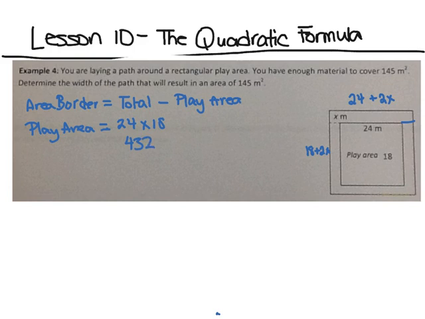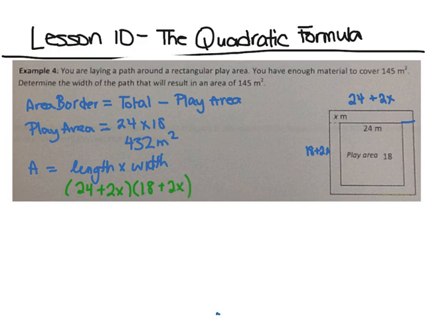So the middle is 432 meters squared. Now to find the outside play area, let's call it A, it's going to be length times width. And we know that our length is 24 plus 2x, and our width is 18 plus 2x.